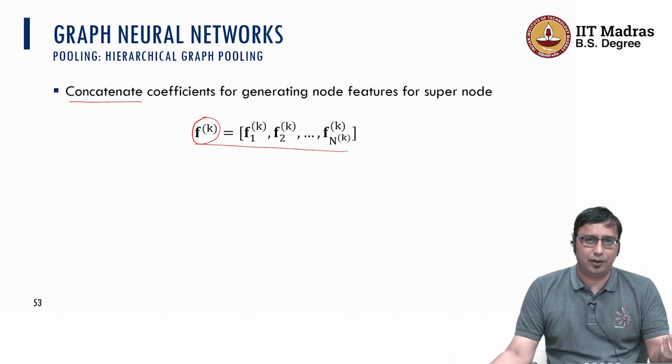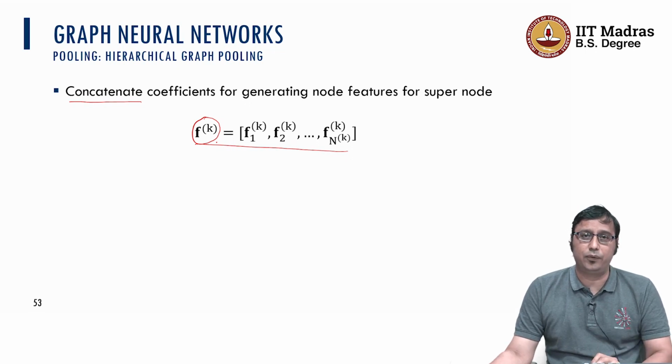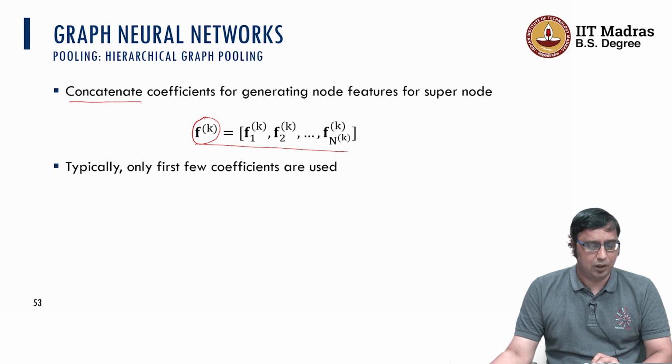For example, if there are 6 total nodes, with 2 in one cluster, 1 in another cluster and 3 in another, then we will have correspondingly different f^k vectors defining the supernodes. That's not useful for performing certain tasks, because we assumed when we do filtering that all the nodes have the same kind of feature vectors.